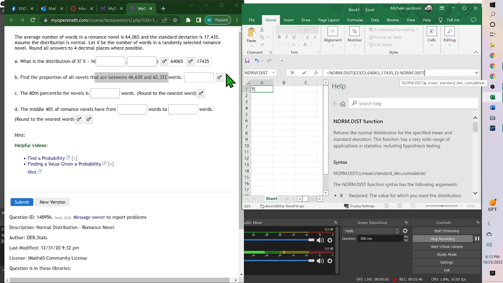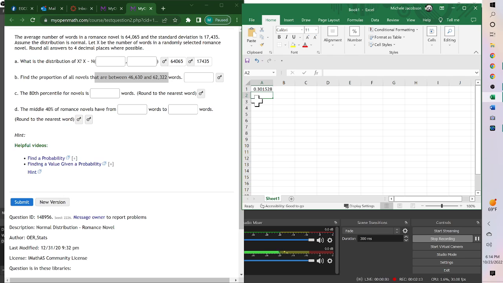And then you put your lower value, the 46,630, comma, mean, standard deviation, 1 under the curve, and hit enter. And it'll bring you your value.